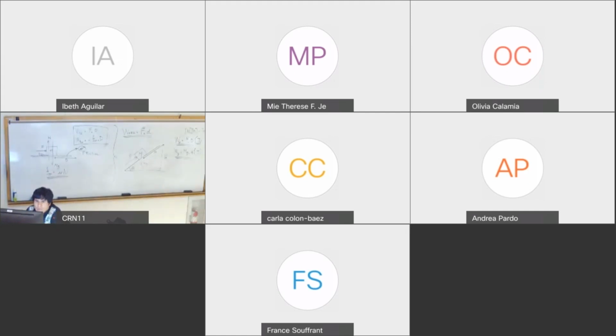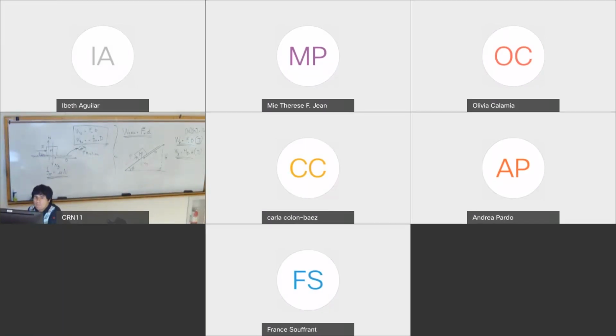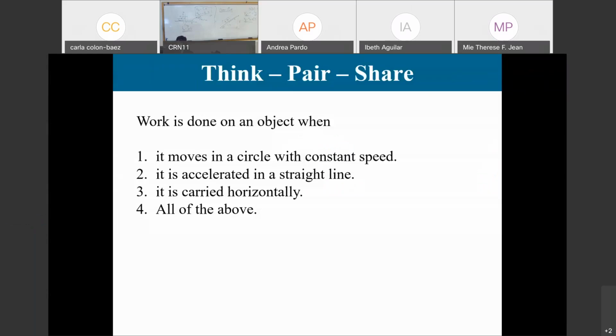Let's see this question. Work is done on an object when what?